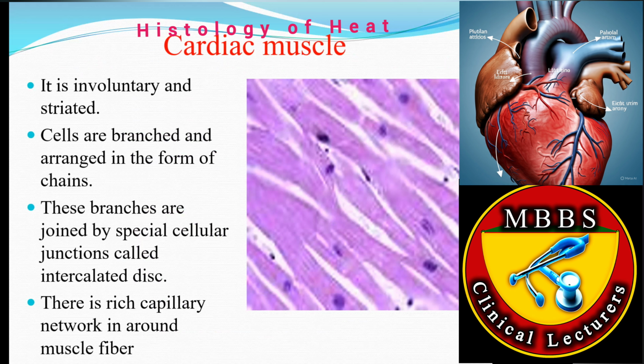Cardiac muscle is involuntary and striated. Cells are branched and arranged in the form of chains. Branches are joined by special cellular junctions called intercalated discs. There is a rich capillary network around the muscle fibers.